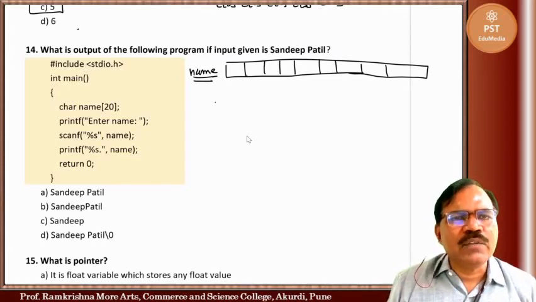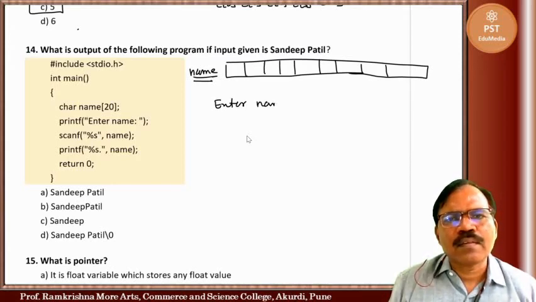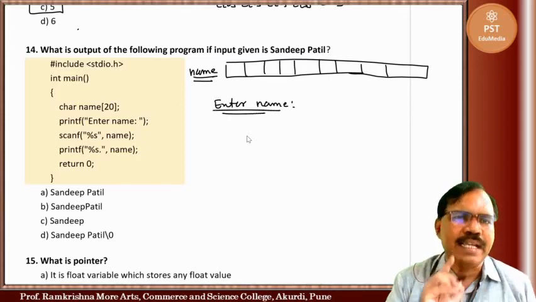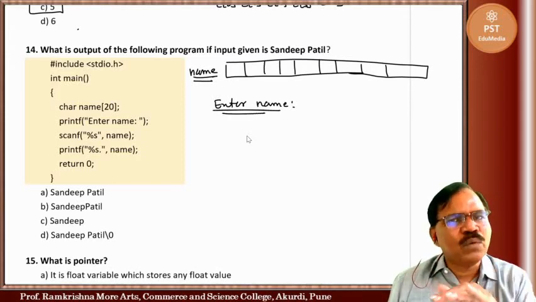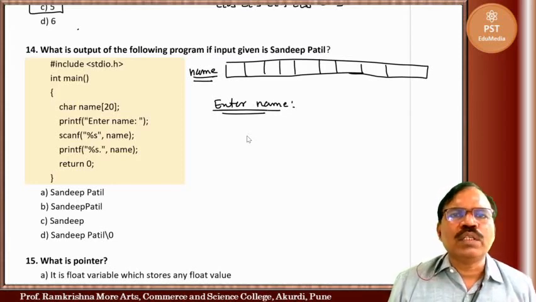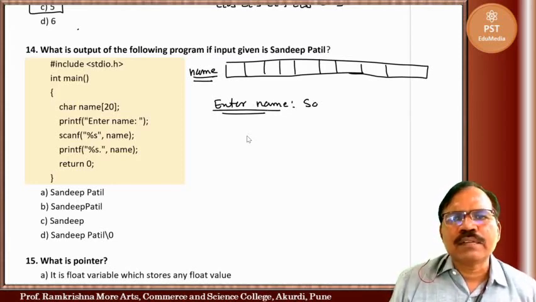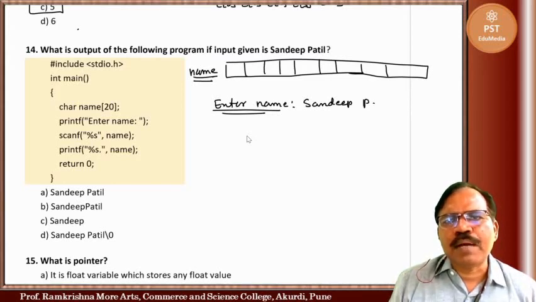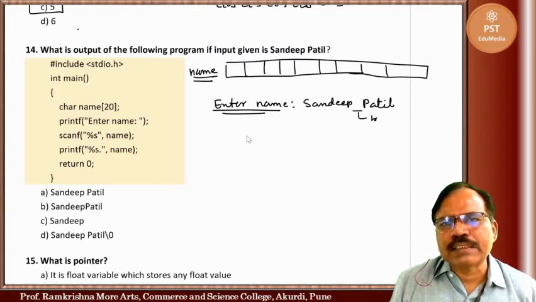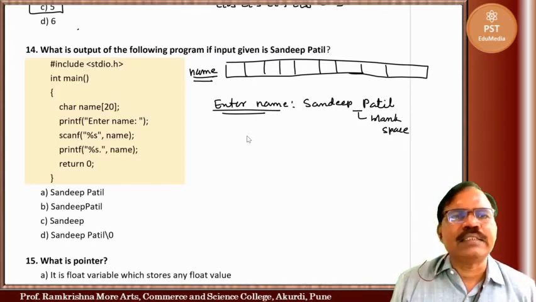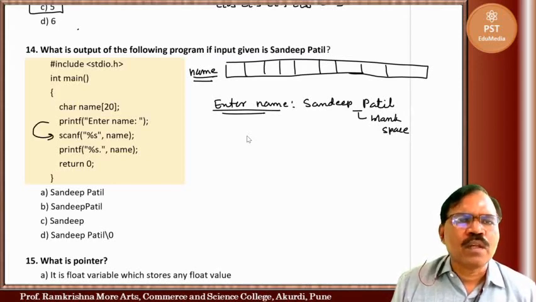Then on screen you will get "Enter name", because it is in the printf statement, so it is printed as it is. Then we have to give some input. So if we give input here, Sandeep Patil, with a blank space, what happens?